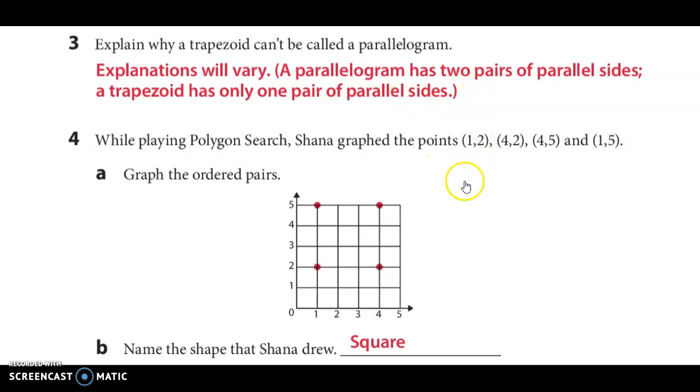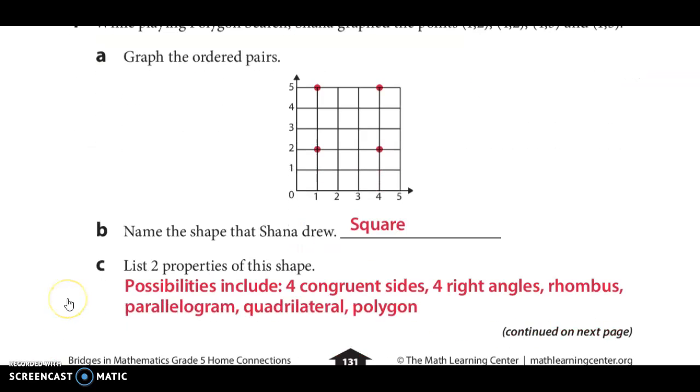Number 4, while playing the polygon search game, which we did not learn, but that's okay. We can still answer this question. Shayna graphed the points 1, 2, 4, 2, 4, 5, and 1, 5. And we graphed them on here. And then the shape that she drew is a square. It says list 2 properties of this shape.